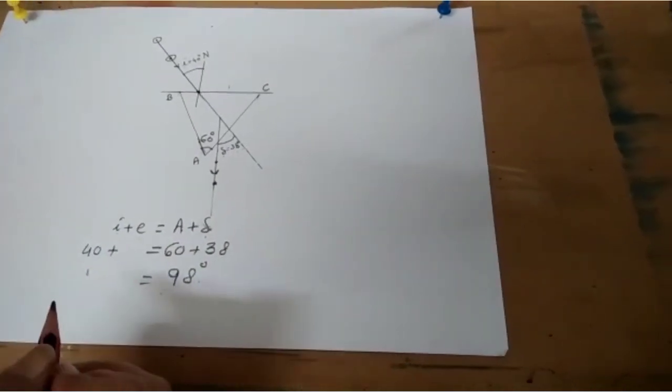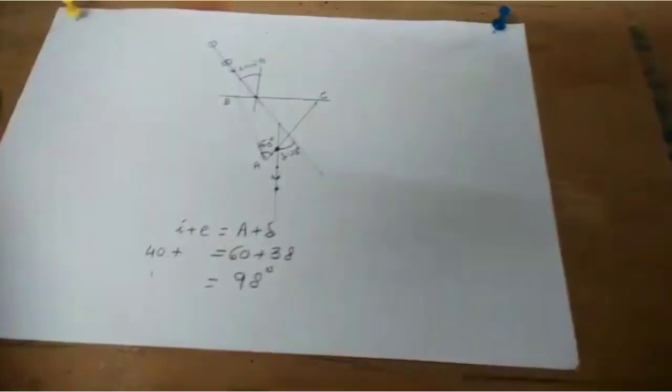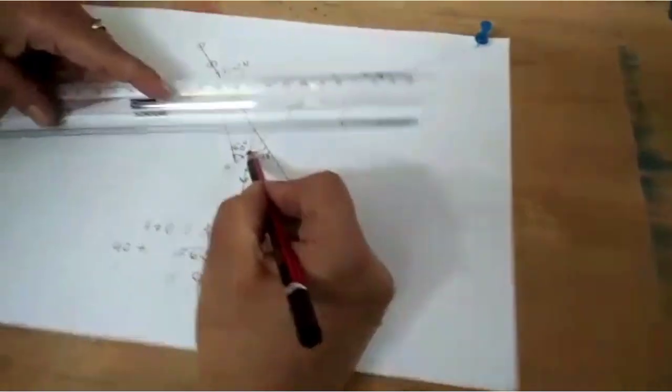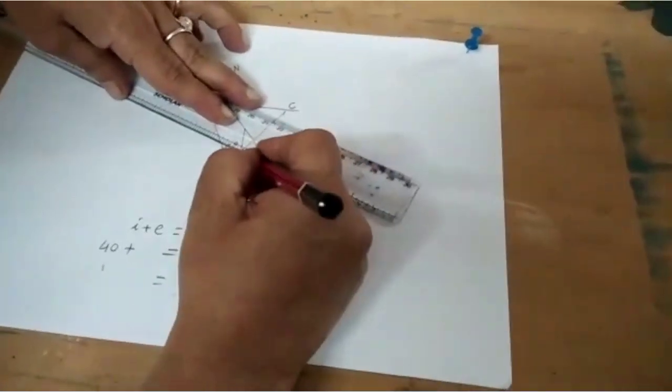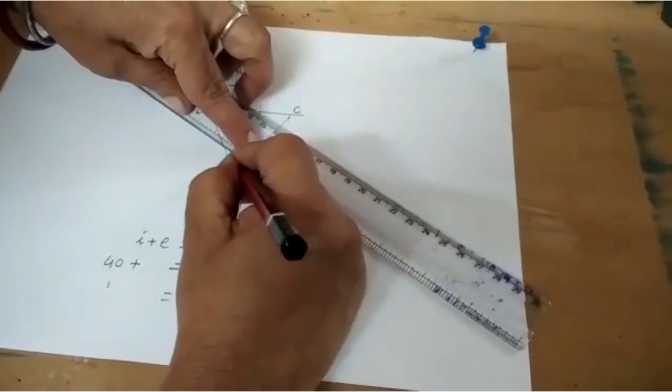Okay. Now for calculating the angle of emergence, at the point where it touches, here I draw a normal with the help of a D. Here I am doing it with a pen.